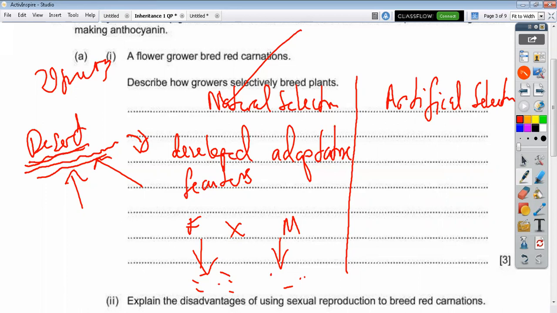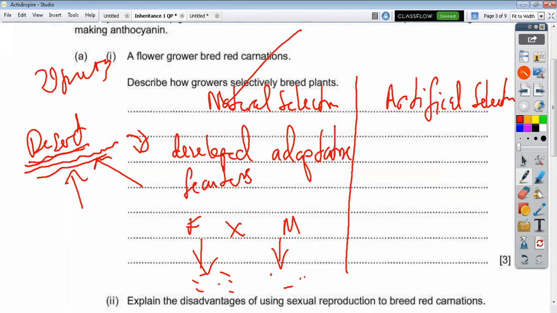Is that making sense? And that continues, and the population grows. At each stage, the weak ones die. And we call that natural selection. Are we together?